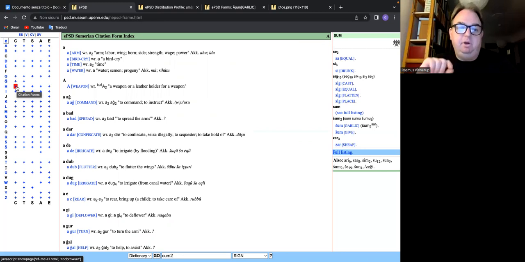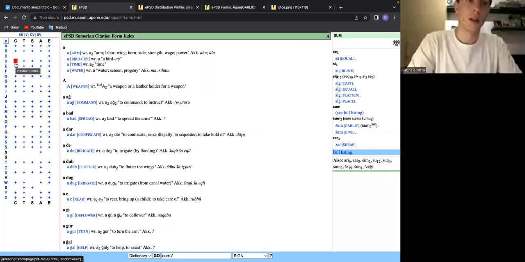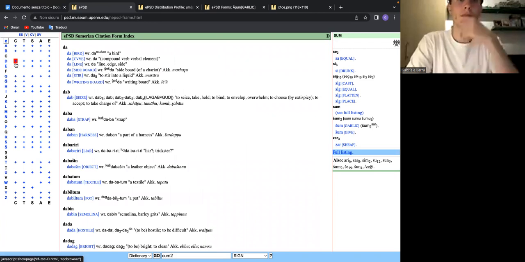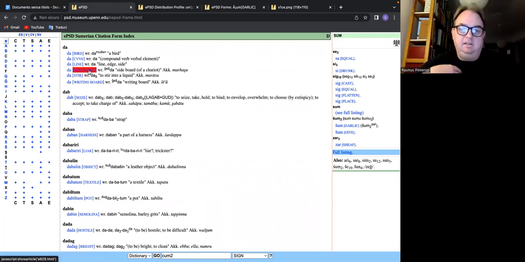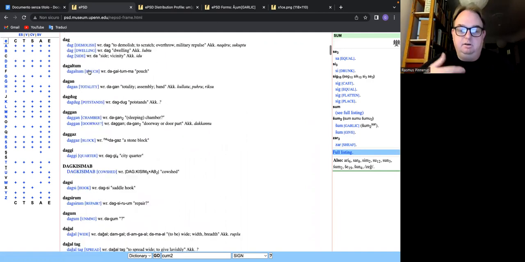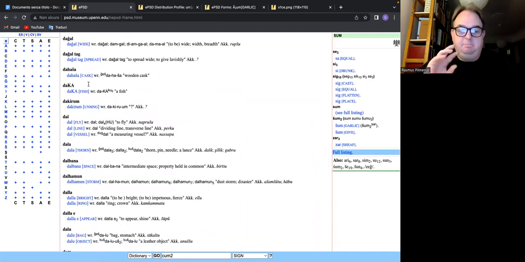If you are looking for a cuneiform sign, a citation form for a cuneiform word, say dingir, you go to the D and press the plus that's underneath the C column. Then you can scroll down and find the lemma form dingir. So that's the basic use.